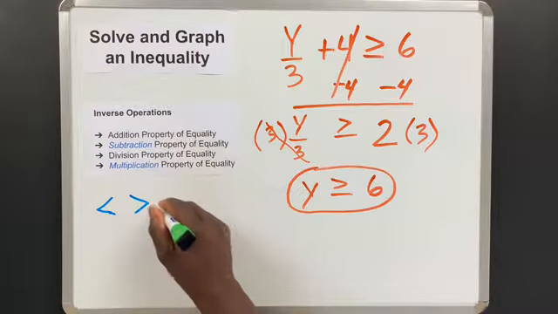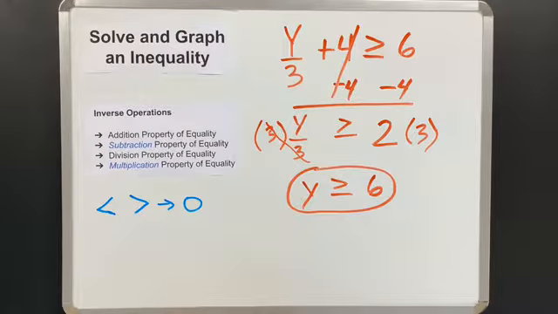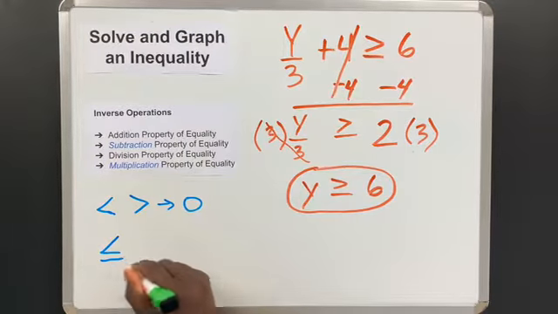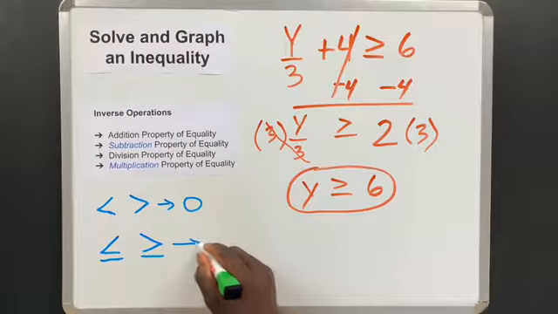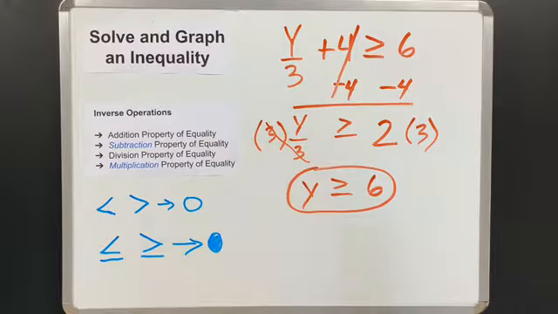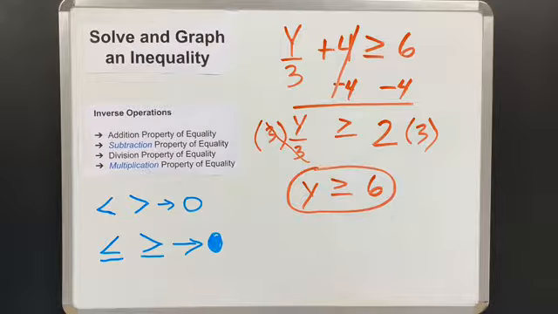In your inequality sentence, that's going to be an open circle, okay? If you have a less than or equal to or greater than or equal to, you're going to have a closed circle. So let's prepare to graph this inequality. All right.